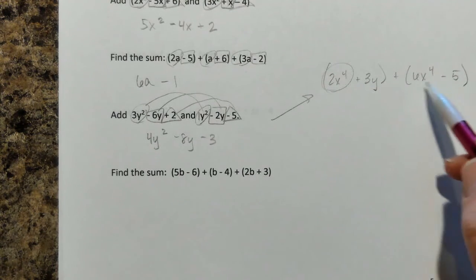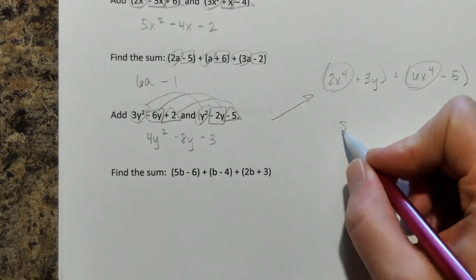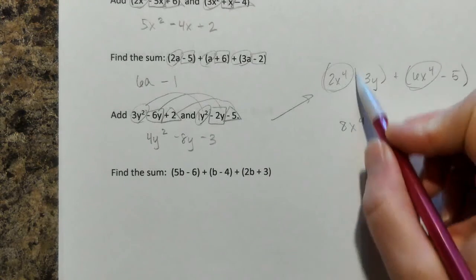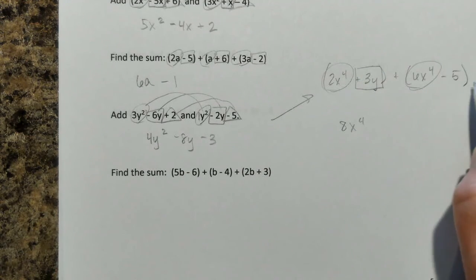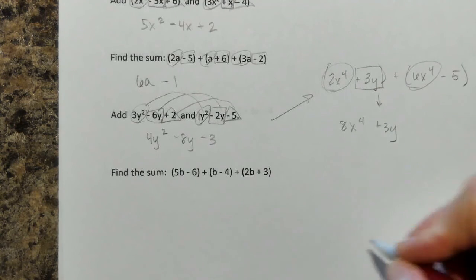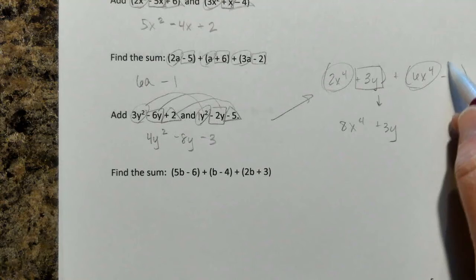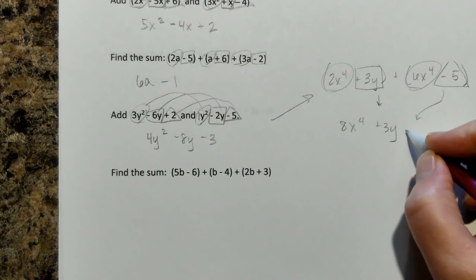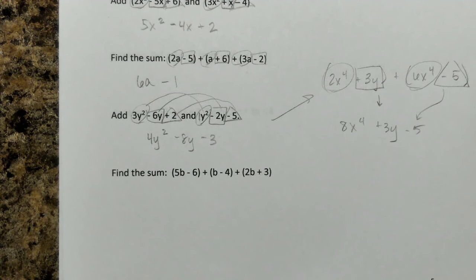I have a 2x to the fourth and a 6x to the fourth, so that gives me 8x to the fourth. Here, a 3y, I don't have any other y's, right? So I just need to bring that down, plus 3y. And then I have my constant of negative 5. I don't have anything to combine that with, so I just keep it. So if it doesn't have anything to combine with, you just bring it right down.